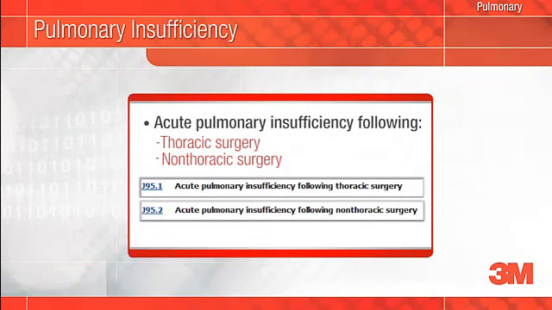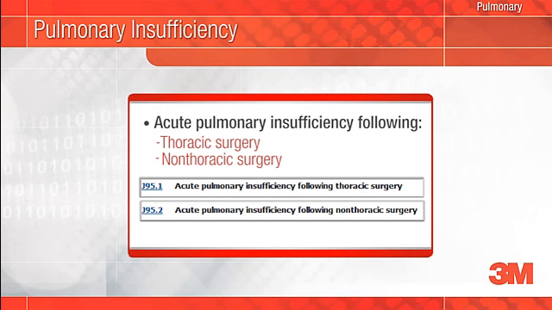When pulmonary insufficiency is due to surgery, documentation should describe a cause and effect relationship, and it should be further described as acute or chronic. For example, acute pulmonary insufficiency due to surgery 2 days ago.